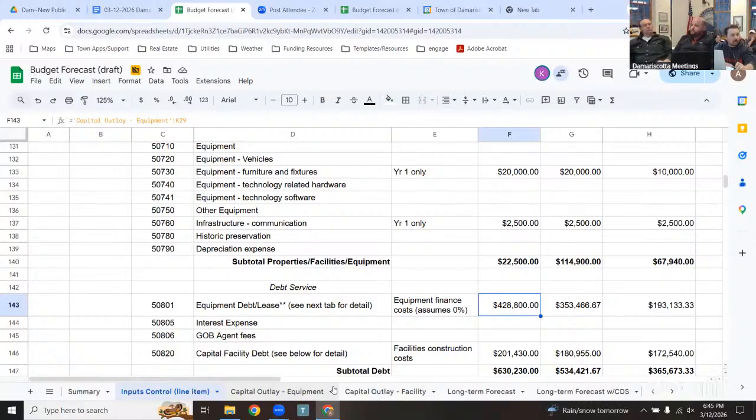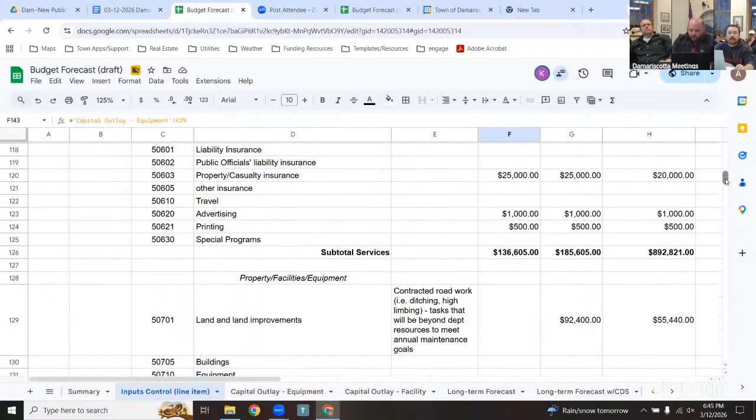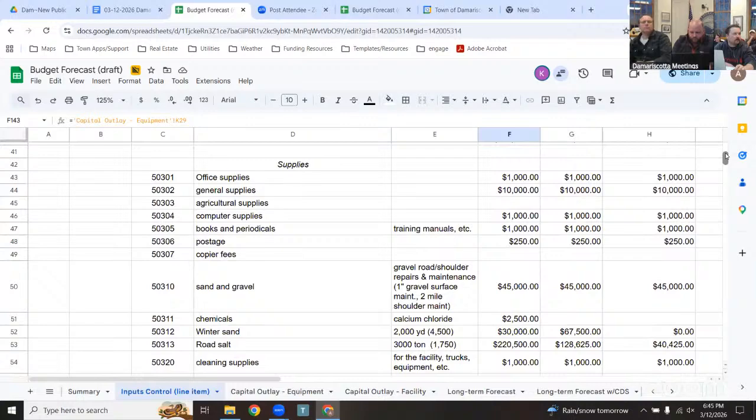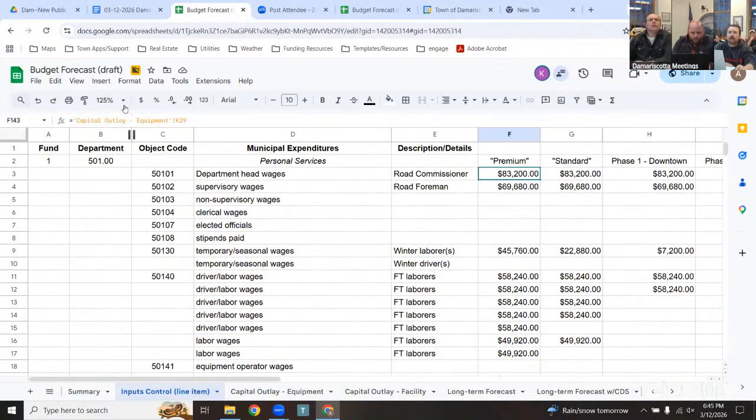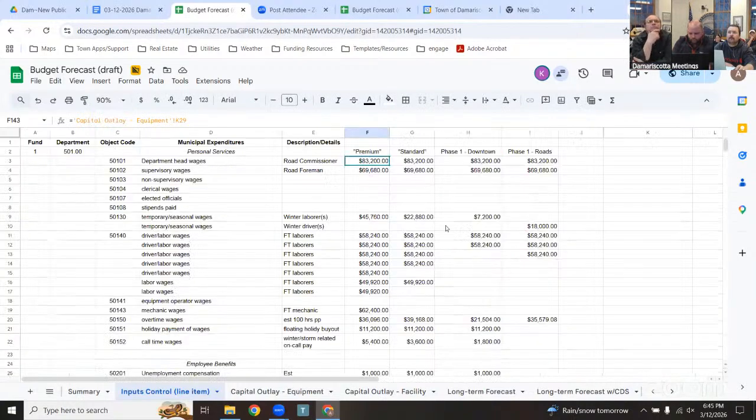And the crew is how many? Depends on which level of service we're aiming to provide. The standard is 8, and 10 for the premium. You're talking temporary too.